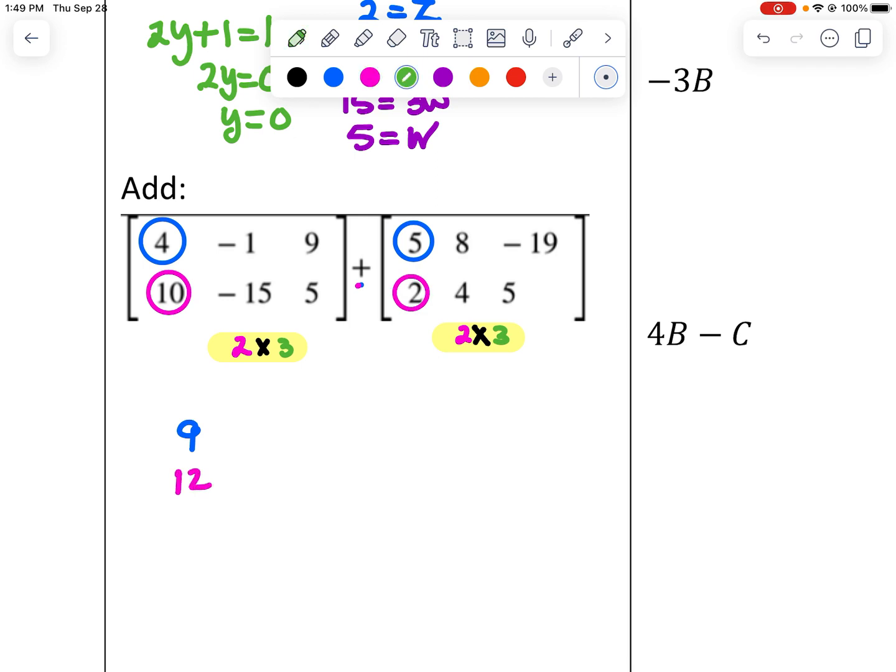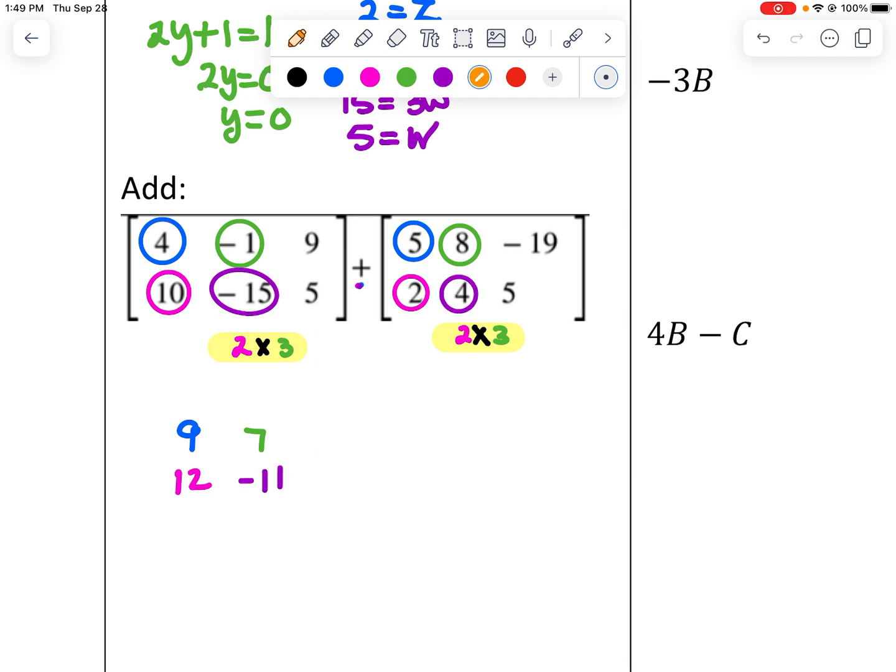And then you're going to take negative 1 and add it to 8, and negative 1 plus 8 is 7. And then you're going to take negative 15, and negative 15 plus 4 is negative 11.